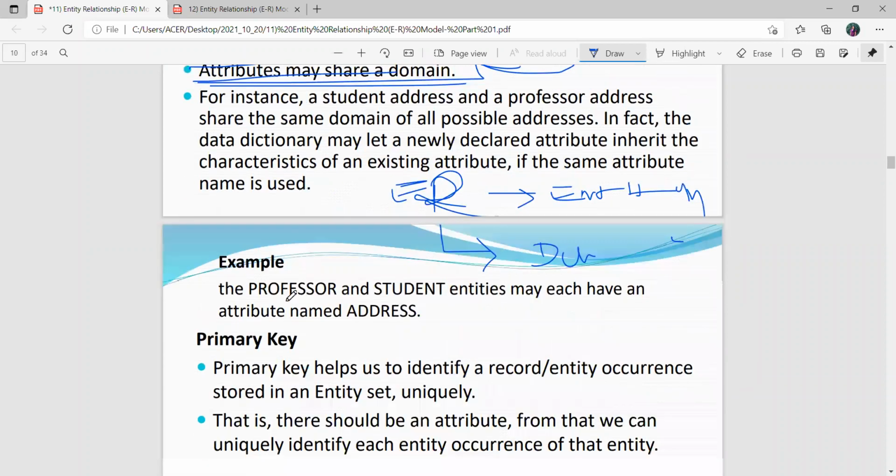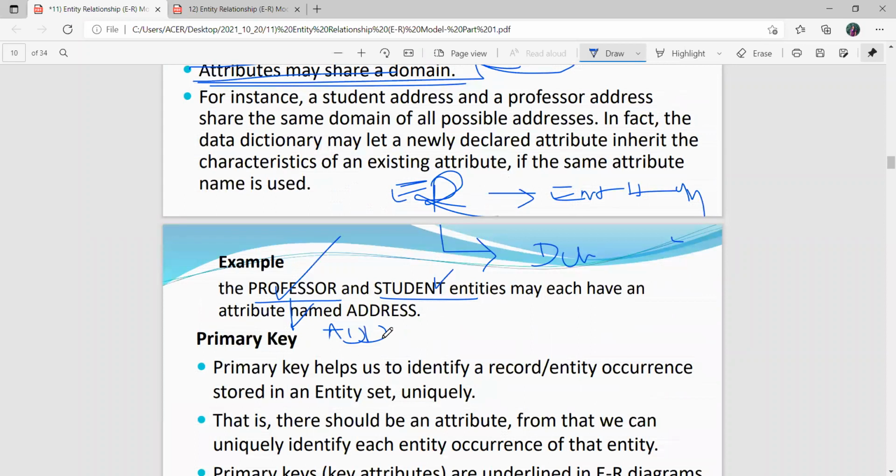As an example, let's take these two entities, professor and student. The professor has an attribute address. The students also have an address. So the same attribute appears within two entities.